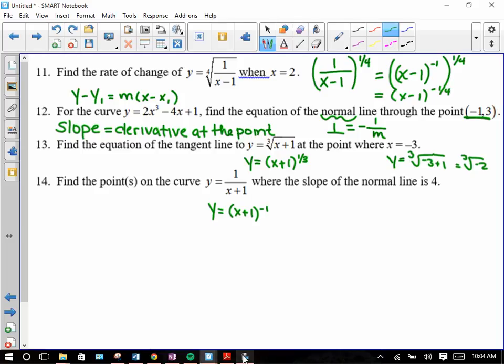If you want to know the slope of the normal line, what does that mean the slope of the tangent is? What is it? Not negative 4. Negative 1/4. Alright.